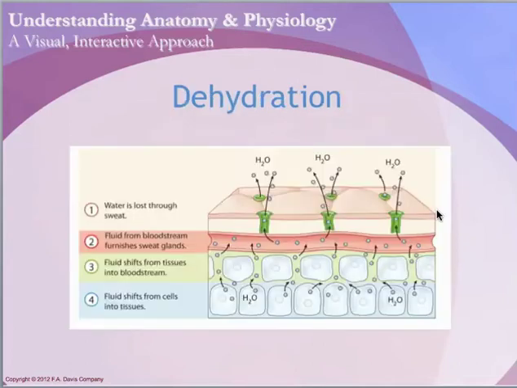Here's a little diagram showing you what happens during dehydration. So number one, water is lost through sweat. Okay, that's how we lose more water than salt, because the salt can't really follow it as much. Fluid from the bloodstream furnishes the sweat glands. Fluid shifts from the tissues into the bloodstream, and fluid shifts from cells into tissues. So we get this dehydrated state.